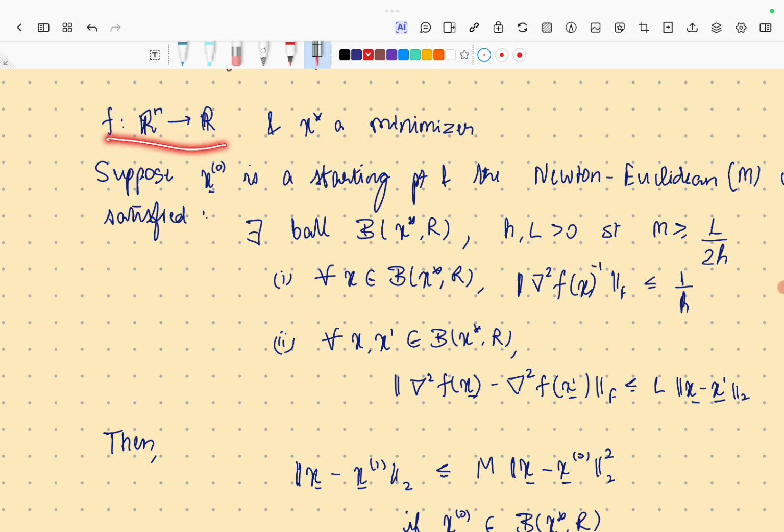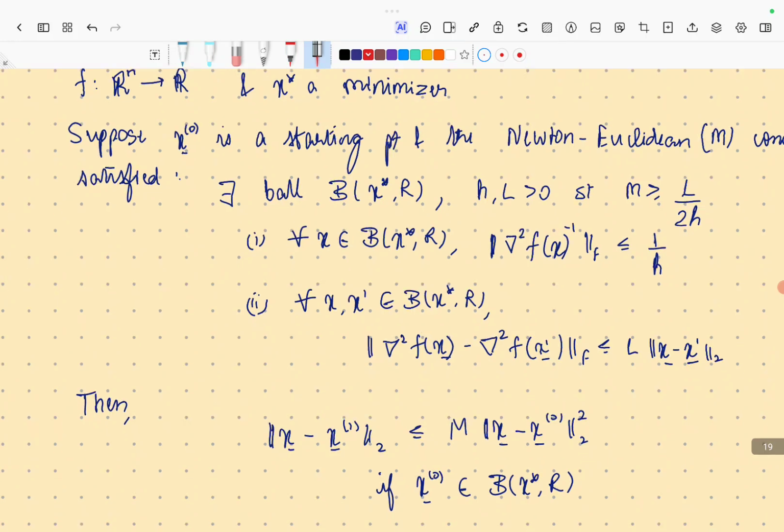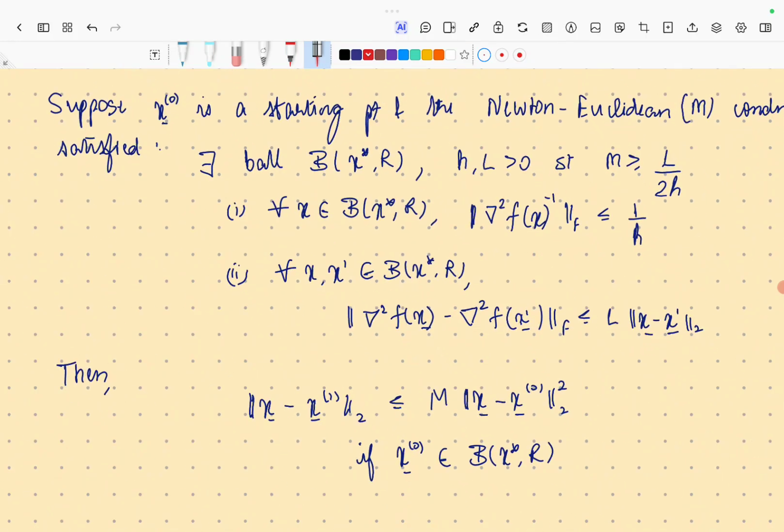Even if you have a general function f and you're sufficiently close to a local minimum, and you start with an x0 which is suitably close to x star, which is a local minimum, and you have certain guarantees that for all points within this particular ball, the Hessian is not too large, sufficiently small, and for every pair of points, the Hessian doesn't deviate too much compared to the distance between those 2 points.